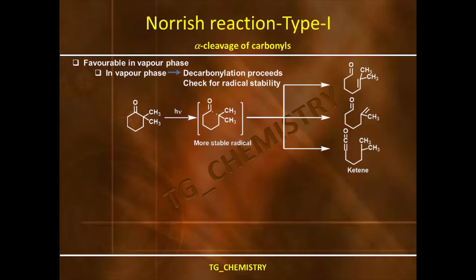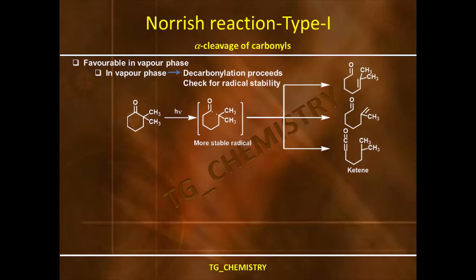If it abstracts a proton from the other side, where the alpha scission didn't proceed, that can lead to the formation of the ketene, and generally polar solvents facilitate this kind of formation.